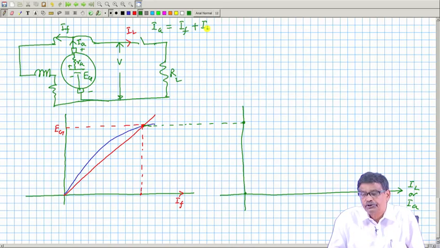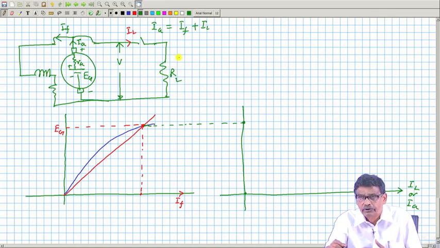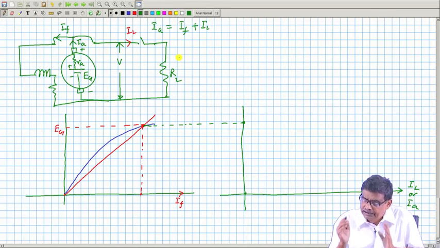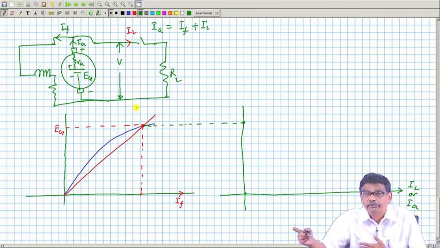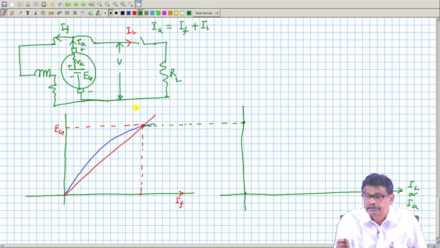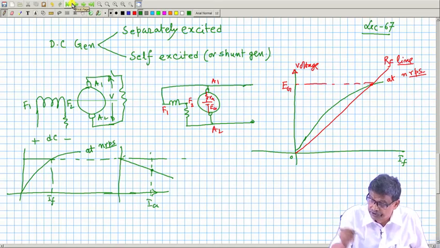About one thing I am sure, with respect to a separately excited generator, I told you if you go on reducing the load resistance and if by chance a short circuit takes place here, that is 0 resistance, current will be very large, armature current, you recall that.